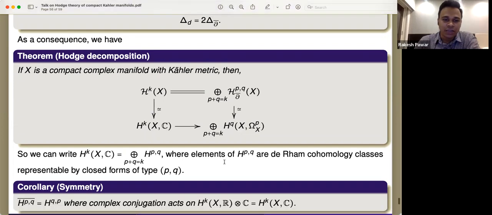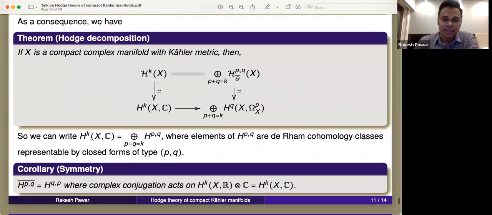And now we can check that there is a symmetry. If you think about H^k(X,R), the singular cohomology with real coefficients, tensor with C, there is a complex conjugation on it.